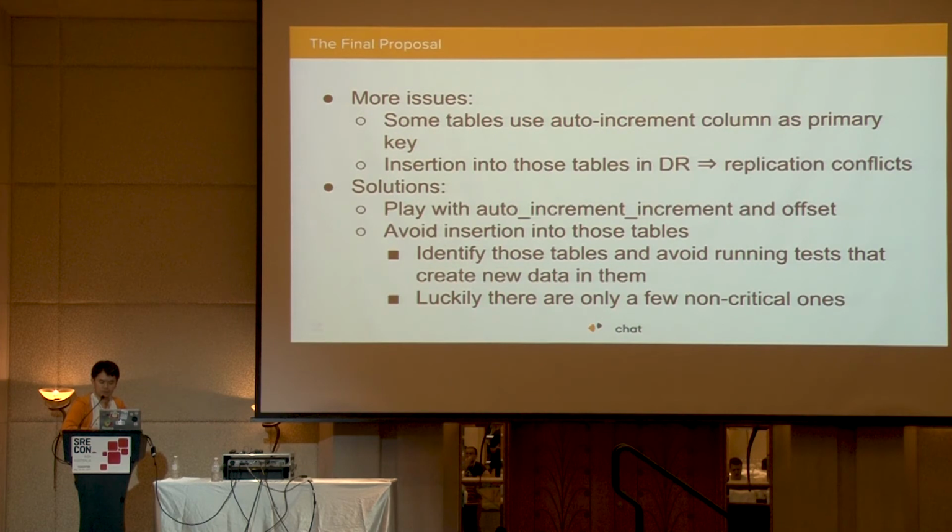We take it as a trade-off. Maybe we don't run those tests. We can just run the tests that insert or update tables with no auto increment columns, and we will be fine. And if any of those untested cases failed, product managers are okay with that, and we are all okay with that.